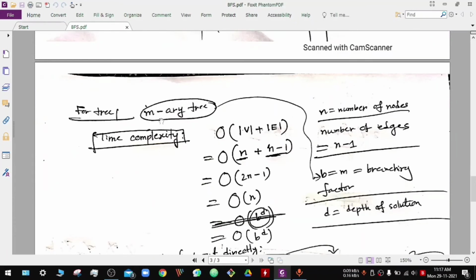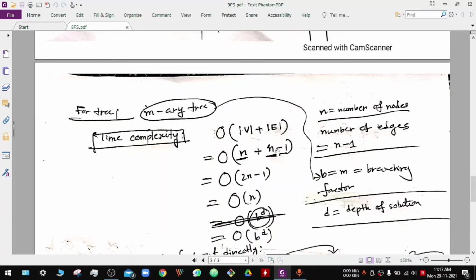And a tree is also a graph, but in a tree we can represent the number of nodes using the branching factor and the depth of the tree. So for a tree, if we generalize from the idea of a graph, the number of vertices is V. We consider n as the number of nodes in a tree, so we replace V with n.